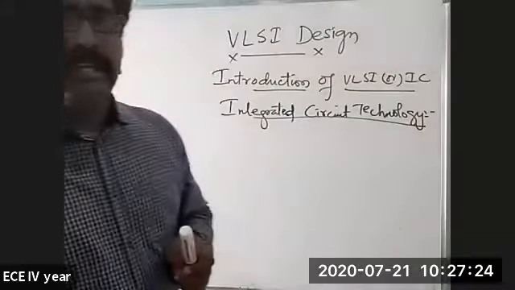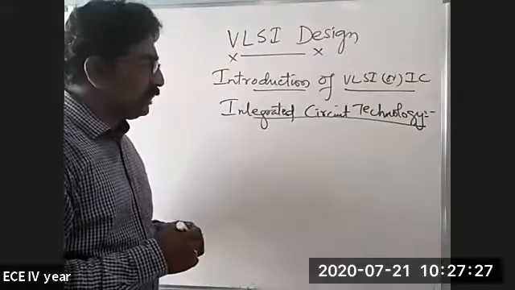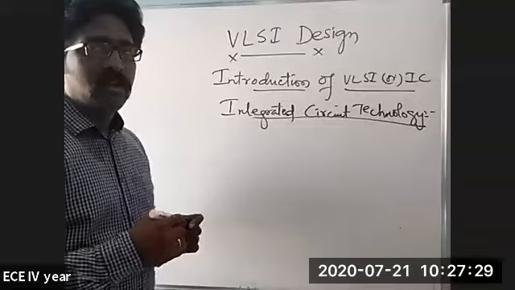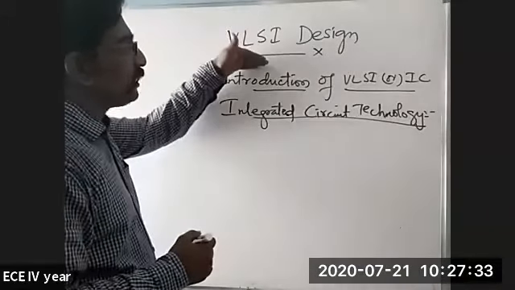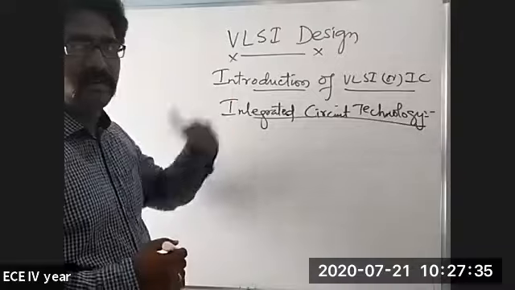If you want, you can take down the table which I'm writing now. It talks about different kinds of technologies, how VLSI has evolved, and the data technologies of VLSI.